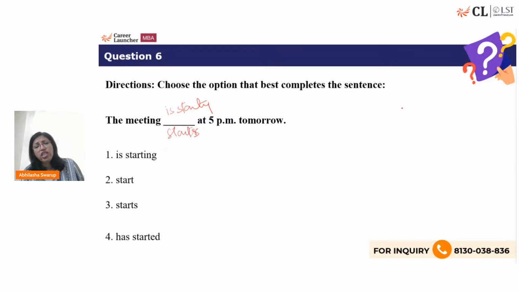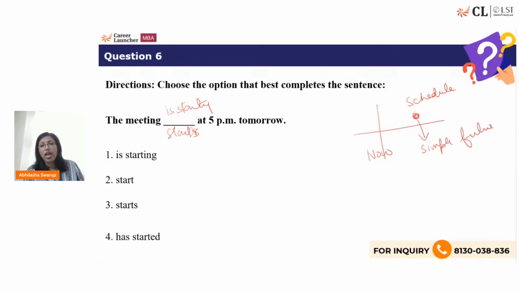For any action that is expected to happen at some time in the future, if this is now, and it's a scheduled event, we can use the simple future. We can use the present continuous, so is starting, and we can also use the simple present. This is a less known use, but you can use it.